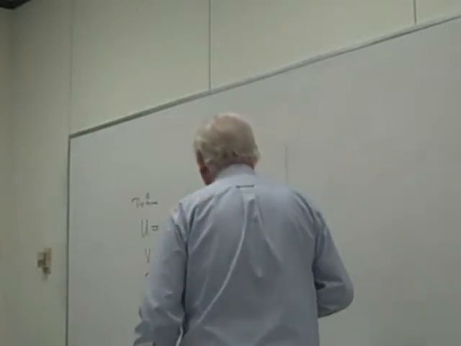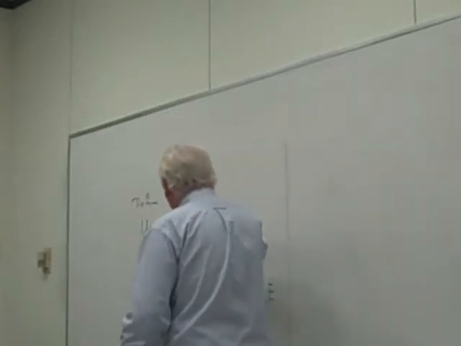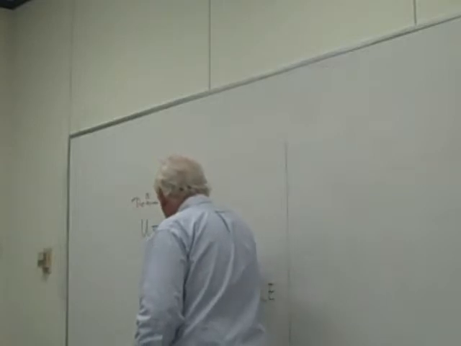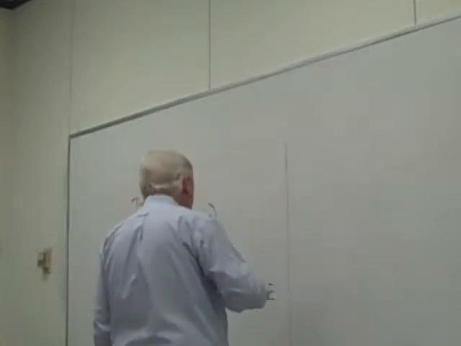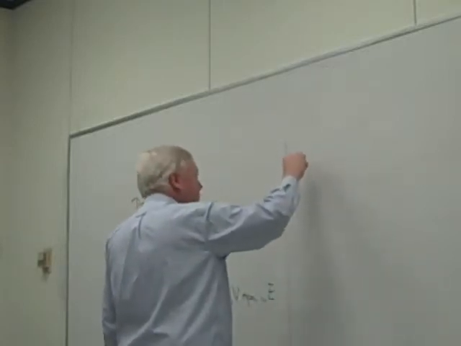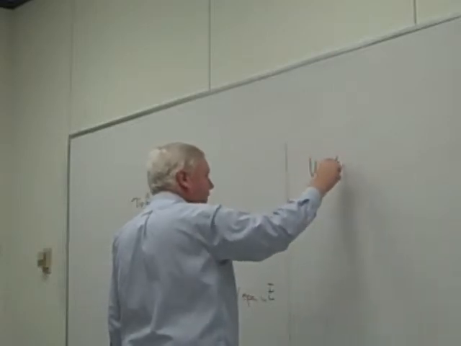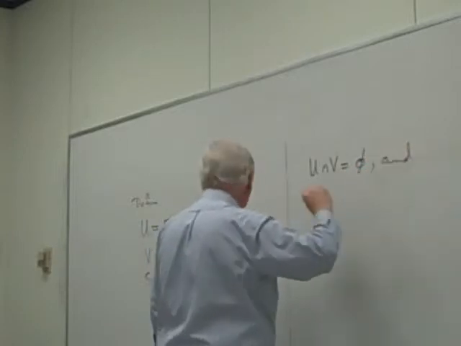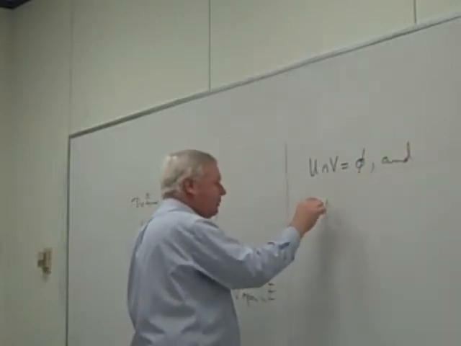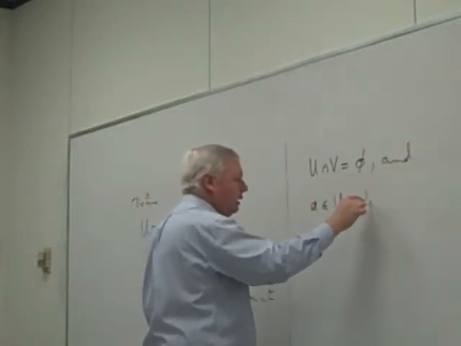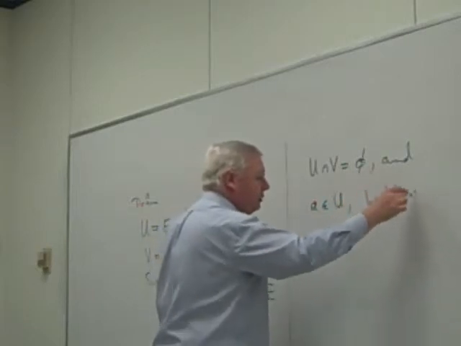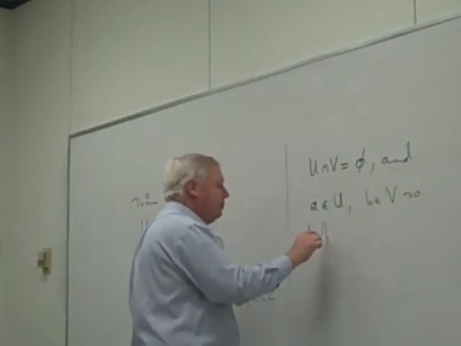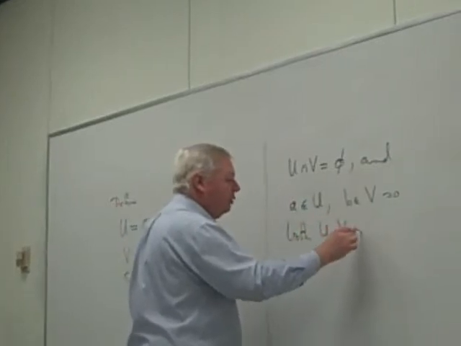Remember, the relatively open sets are those that you get by intersecting with open sets of your big metric space. Also, there can be no overlap because the first one lives in the interval minus infinity to C and the other in C to infinity. So U intersect V is empty, and A is in U, and B is in V. So both U and V are non-empty.